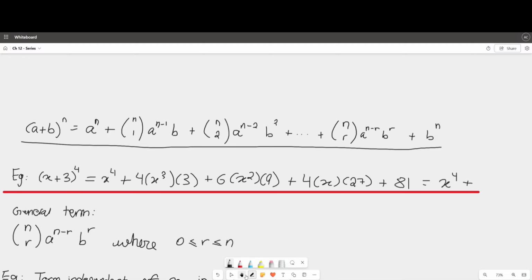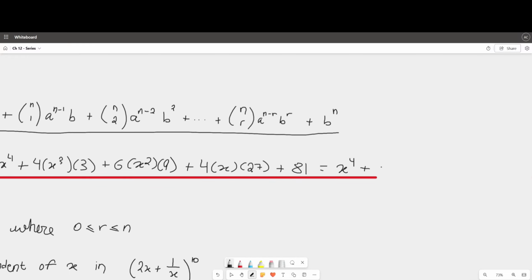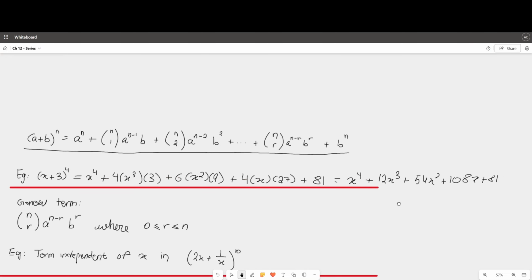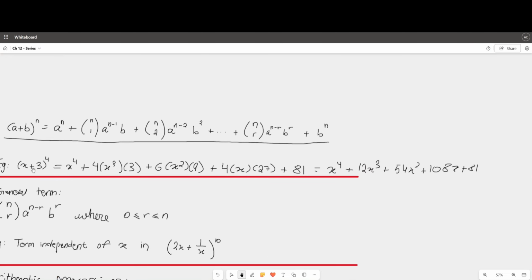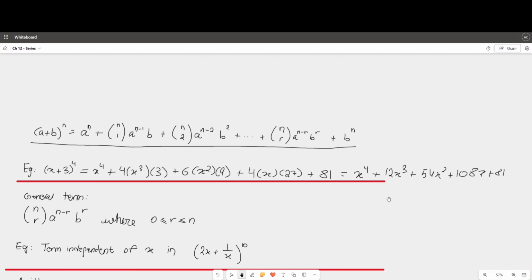That gives you x to the power 4 plus 12x cubed plus 54x squared plus 27 into 4, 108x plus 81. That goes a bit off screen, but yeah, so the expansion of x plus 3 whole to the power 4 is this answer right here, and you get this from basically applying the formula, right?